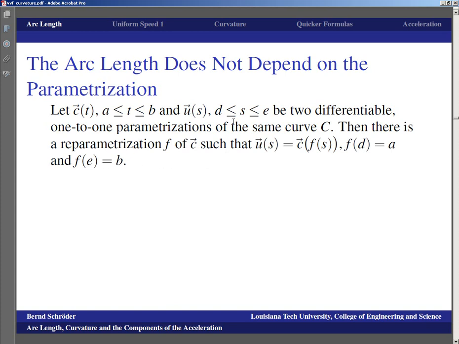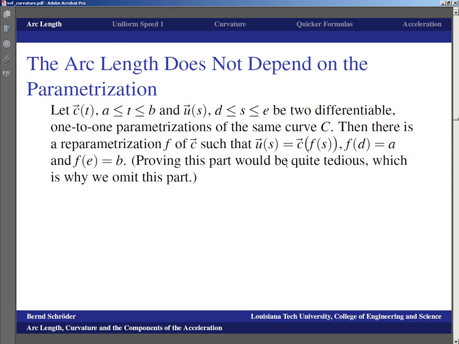So basically, whenever I've got two nice parametrizations of the same curve, I can translate one parametrization into another via composition with a function that is basically a reparametrization of c. We'll call these things reparametrizations in just a second. That would be quite tedious, and that's what we omit.